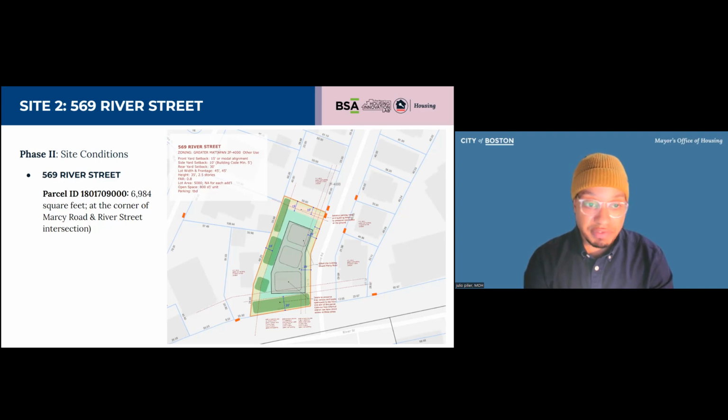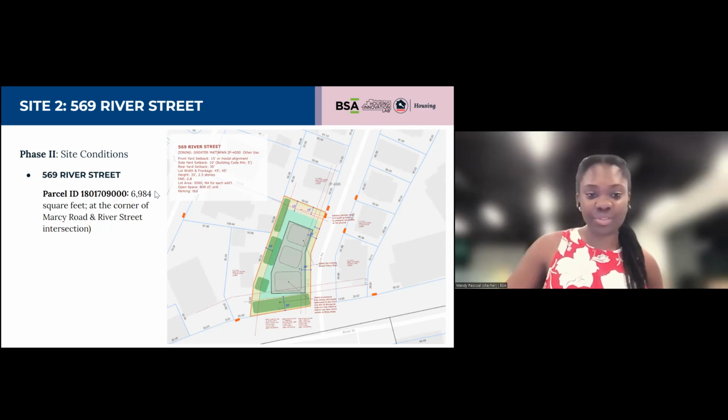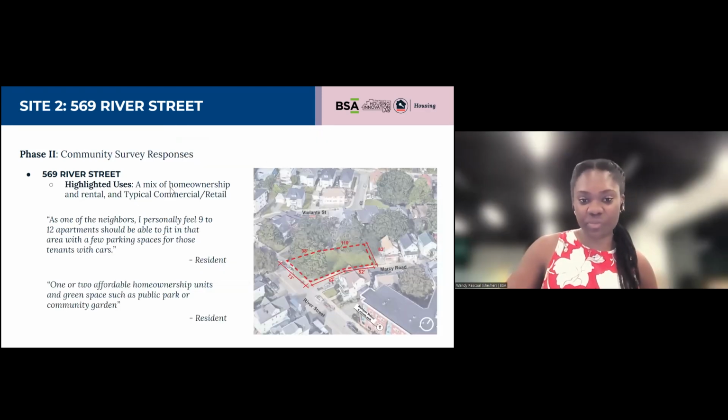And then also looking at various affordability mixes as well as part of that programming. And again, just drawing from some of the survey responses that we received, folks really highlighted wanting a mix of home ownership and rental, in addition to typical commercial and retail spaces.